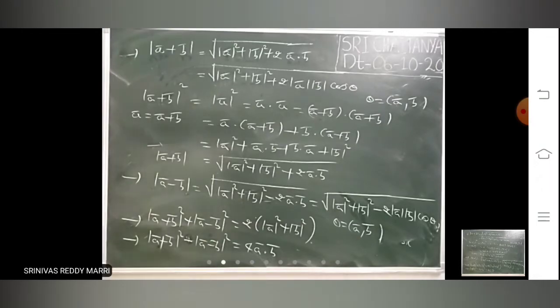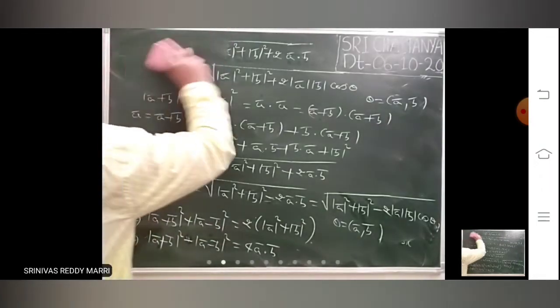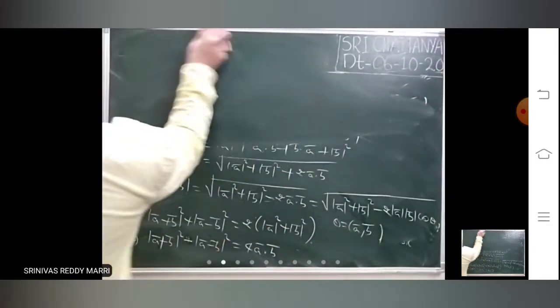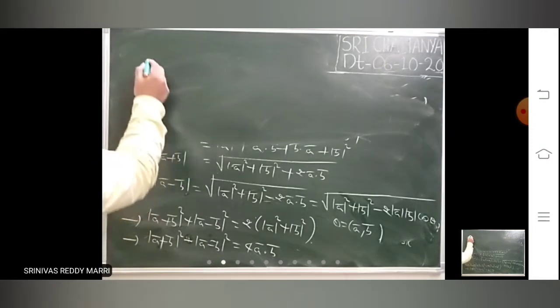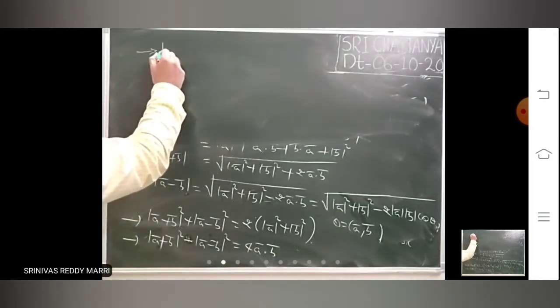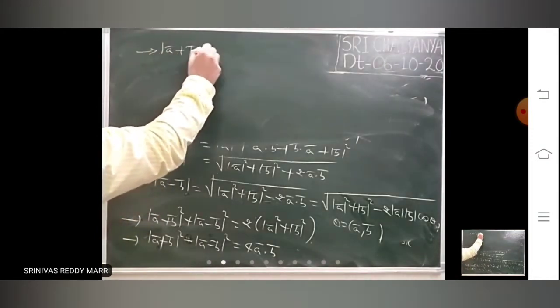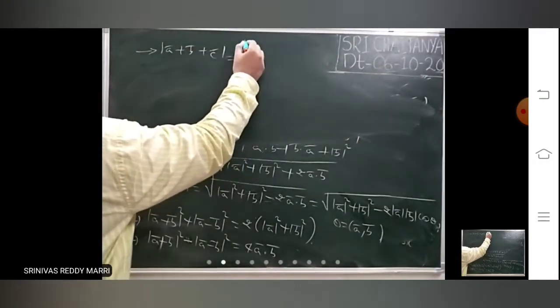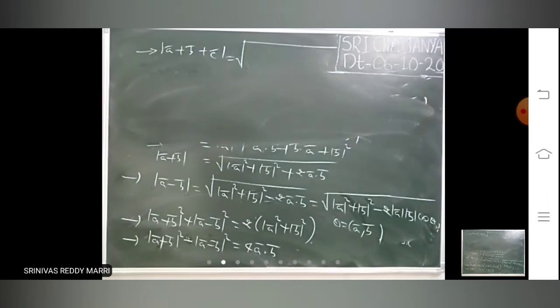Suppose three vectors are there. Similarly, you will get the formula for this. Write down the formula. Three vectors are there.